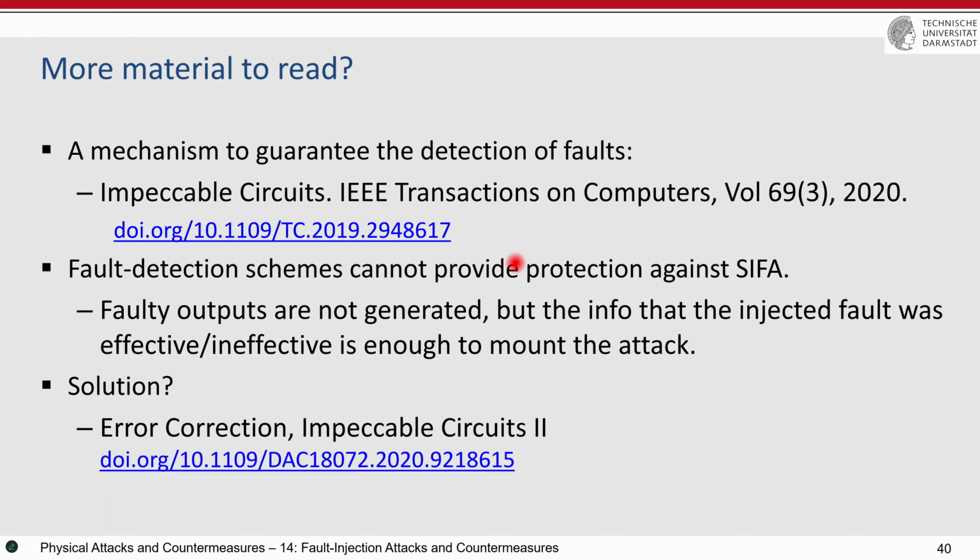There is something that we did roughly 5 years ago called impeccable circuits, a mechanism to guarantee the detection of faults. What you build based on error detection codes in hardware, you assume detects any fault, but then your assumptions may not fit into reality, and there are some rules that we have defined on how to avoid these problems.